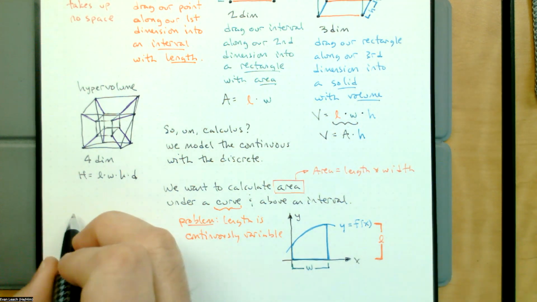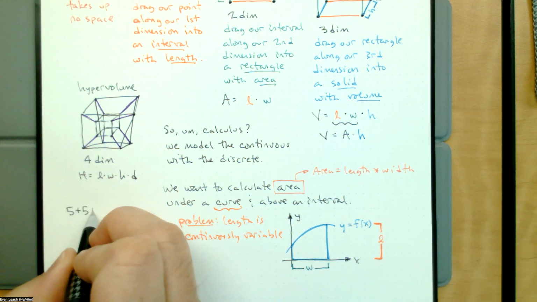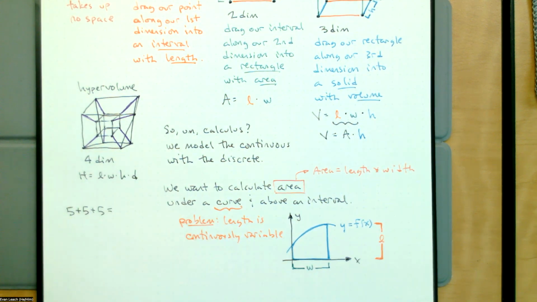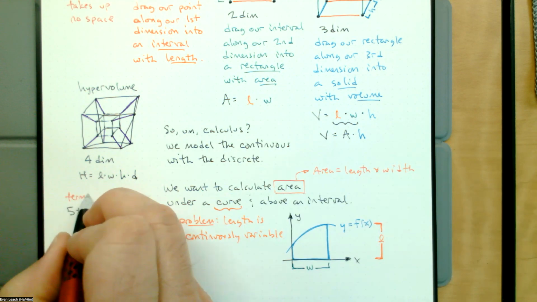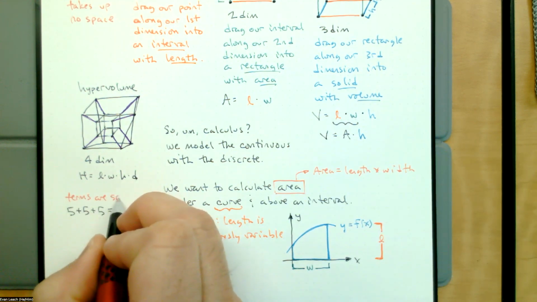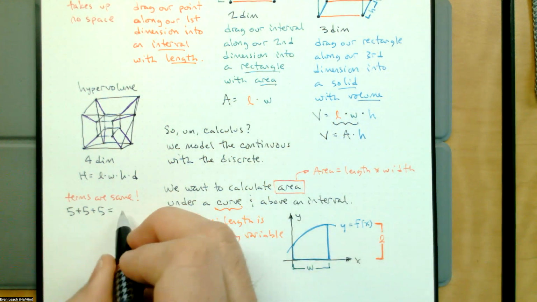So we know that if I have 5 plus 5 plus 5, I can summarize with multiplication because all my terms are the same. That means we get to use multiplication.